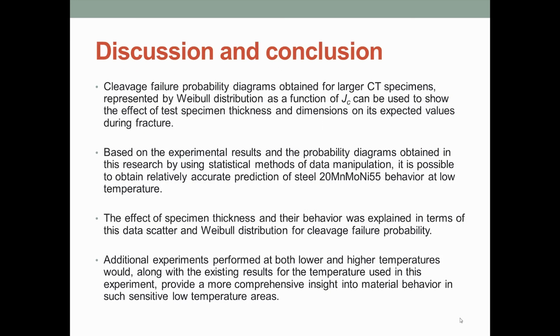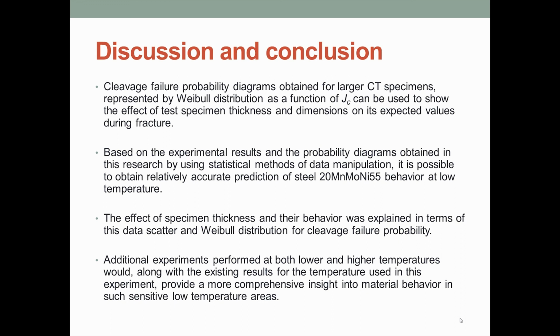results. Now let's do some discussion on these results. The cleavage fracture probability diagrams that we obtained for larger CT specimens, represented by Weibull distribution as a function of JC, can be used to show the effects of specimen thickness on its expected values during fracture.